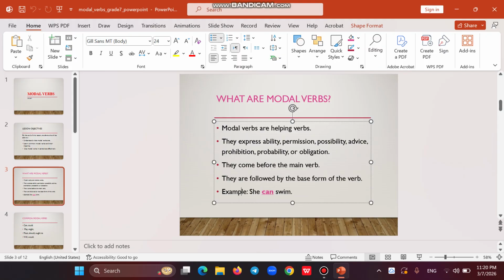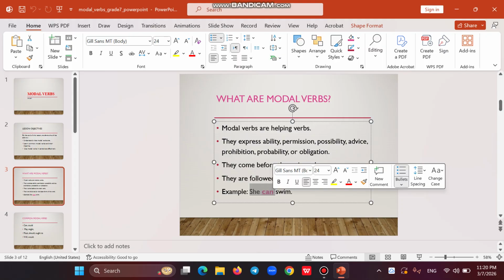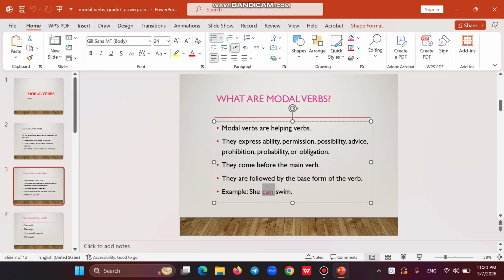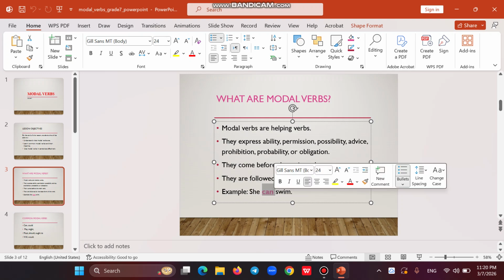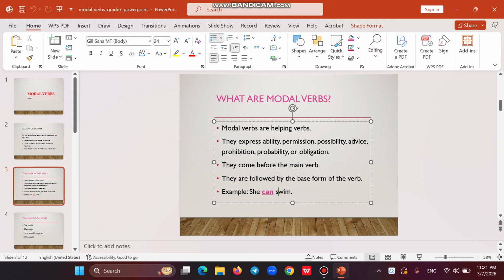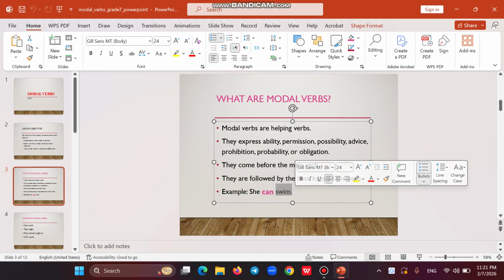They are followed by the base form of the verb. What does this mean? It means that when we have a modal verb, let's say here the modal verb is can, we keep the main verb, which is swim, in its base form. يعني we don't apply any changes. We don't add ed, ing or s.